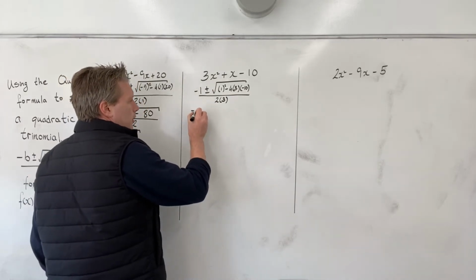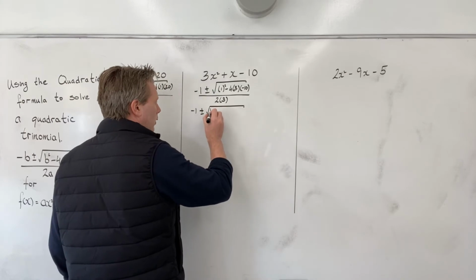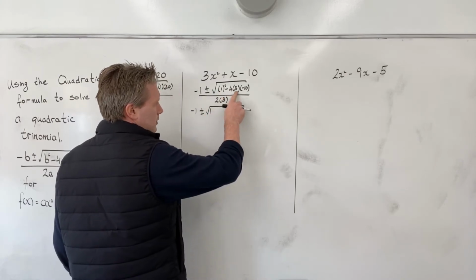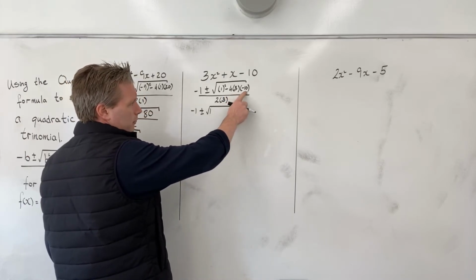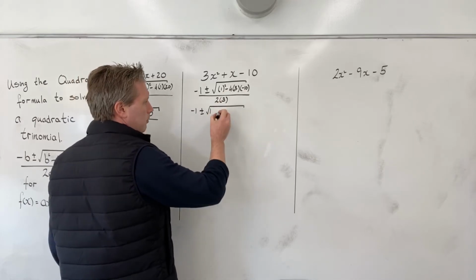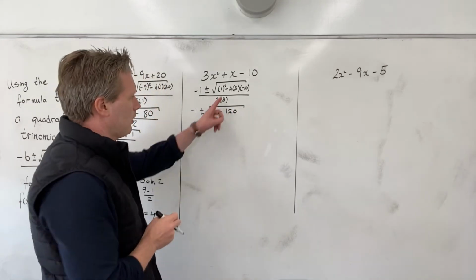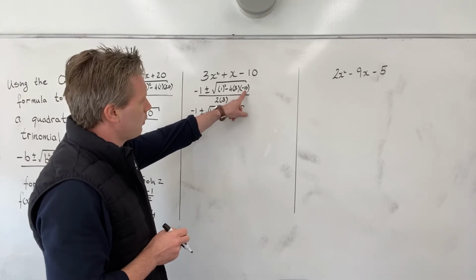This becomes minus 1 plus or minus the square root of 1 squared, which is 1, minus 4 times 3 times negative 10. 4 times 3 is 12, and 12 times negative 10 is negative 120.